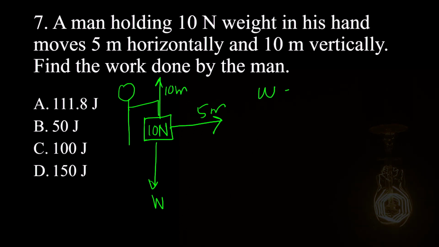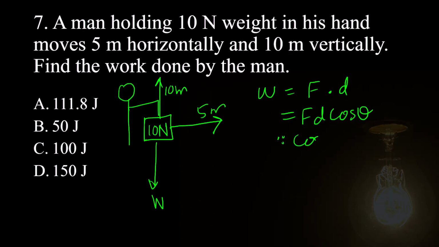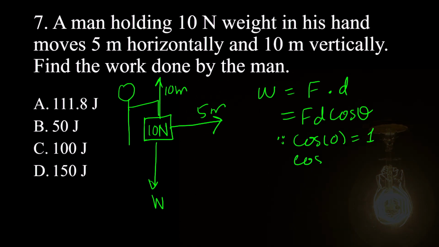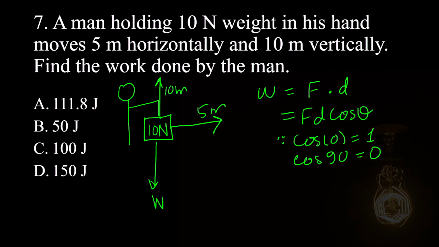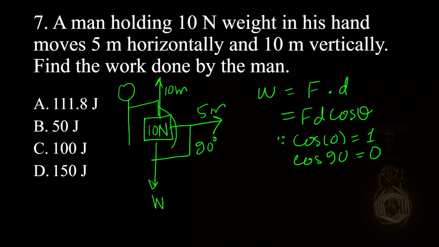According to the definition of work done, it is a dot product of force and displacement, and when you open the dot product, there will be a trigonometric ratio cos theta. We know that cos theta gives the maximum answer at 0 degrees and the minimum answer at 90 degrees. We can see from the figure that the horizontal component makes an angle of 90 degrees with the weight and 180 degrees with the vertical component.